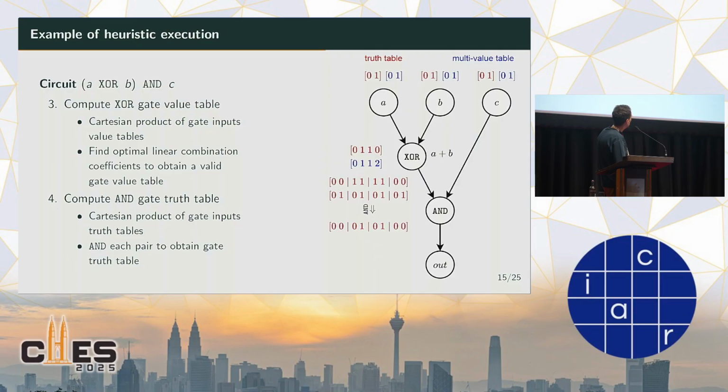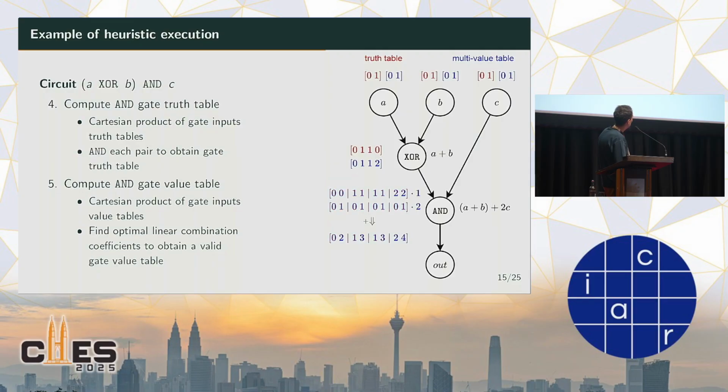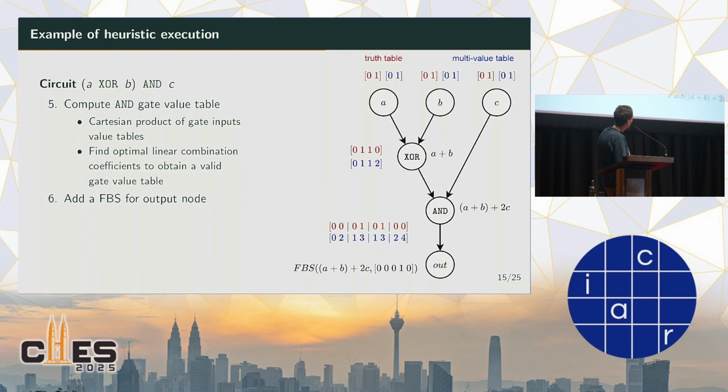So we do this for the next gate, and in this case we'll find the linear combination A plus B plus 2C, because this is a valid linear combination for the subcircuit which ends in the AND gate.